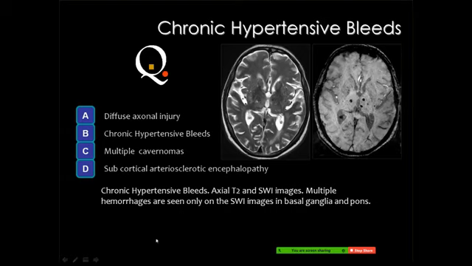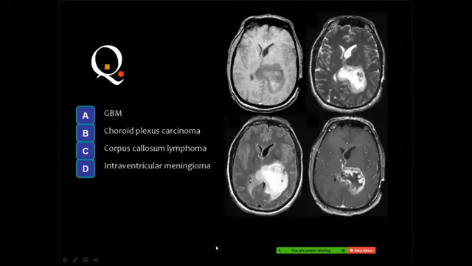And this is known as hypertensive microbleeds or chronic hypertensive bleeds.